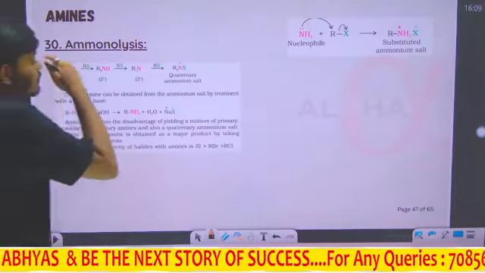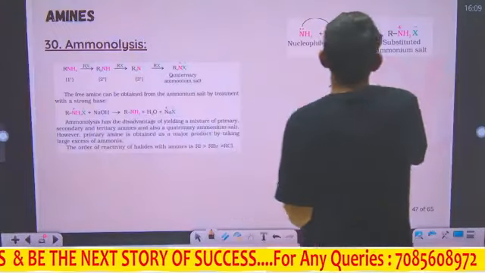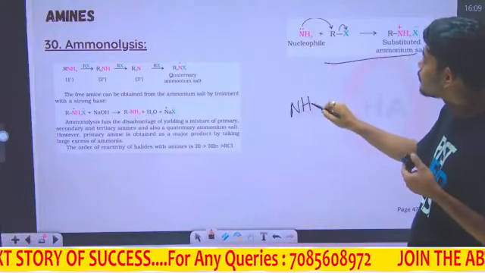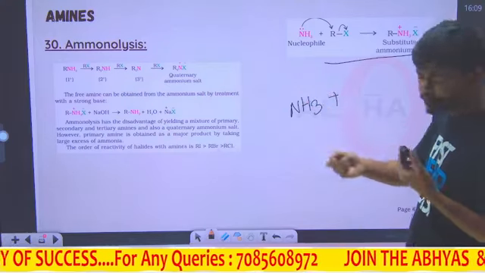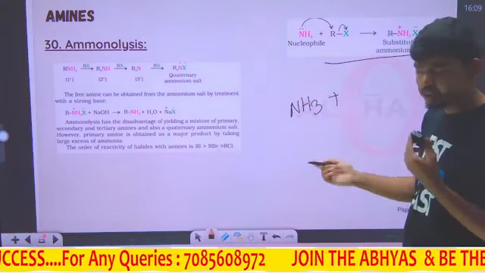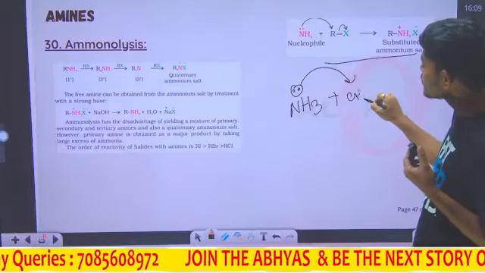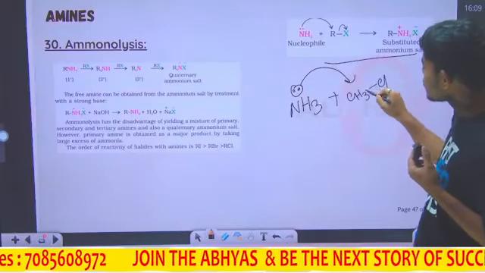Here, one example is given. You can see here the NH3 group. There are a total of 5 electrons in the outer shell. There is one lone pair. This lone pair attacks CH3. Suppose CH3Cl, Cl leaves.